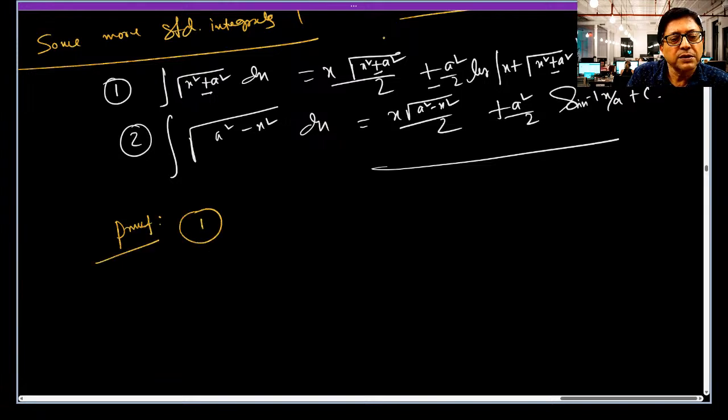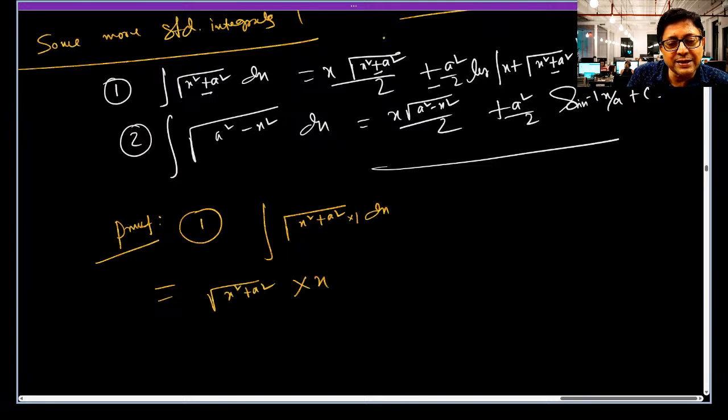For the first one, there is no second function, so we'll be taking 1 as the second function. Isn't it? Root x square plus a square is the first, and 1 is the second. Its integration is x.